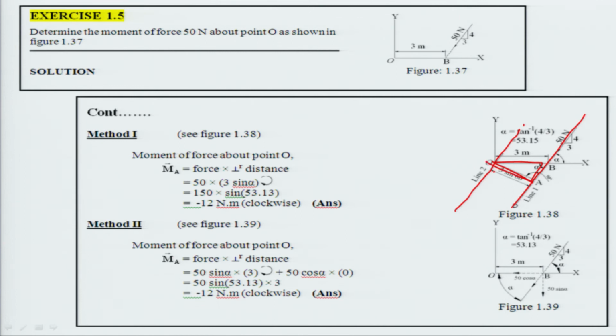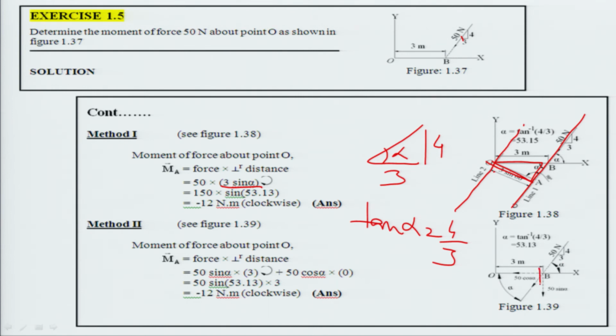This will be 3 sin alpha, and alpha can be calculated. Alpha is this angle, so tan alpha is equal to 4 by 3, and this value will be 53.13.